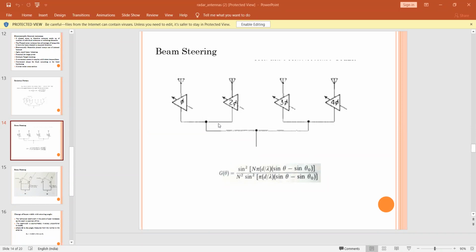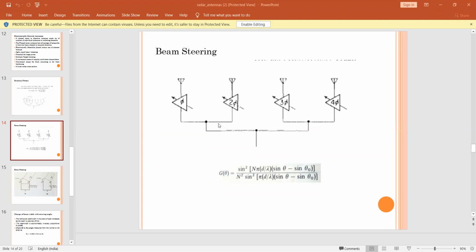The difference in the phase between each element is phi, which is given by phi equal to 2 pi d by lambda into sine theta. You can observe here, when a series of power splitters such as hybrid junctions are used to create a tree-like structure, as in the figure, it is sometimes called a corporate feed, since it vaguely resembles a turned upside down organization chart of a corporation.